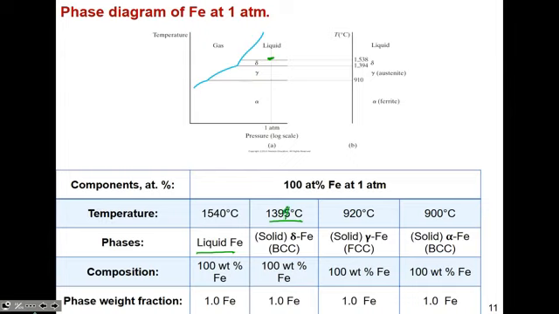And then you drop it to 920, so you're at 920 C, you're somewhere here. You're in the gamma phase, so gamma iron, in the solid phase. And then at 900, which is below the solid-solid phase transformation of gamma to alpha, you now have alpha. And so basically I'm just reading off the chart. Okay.